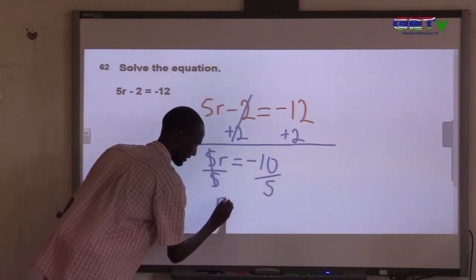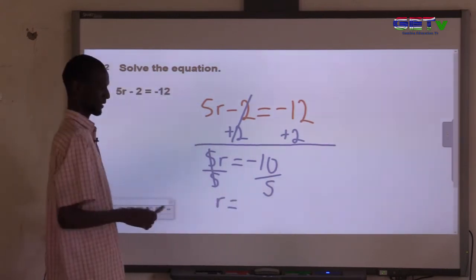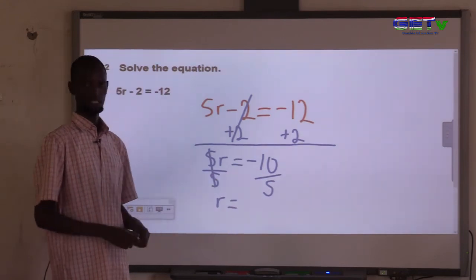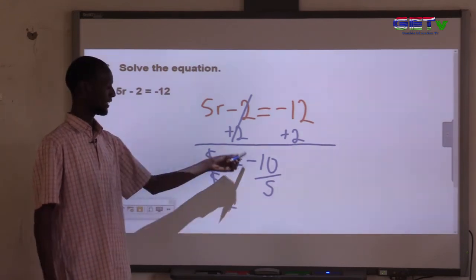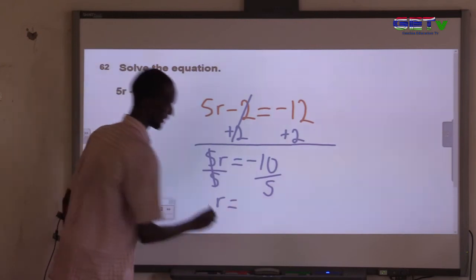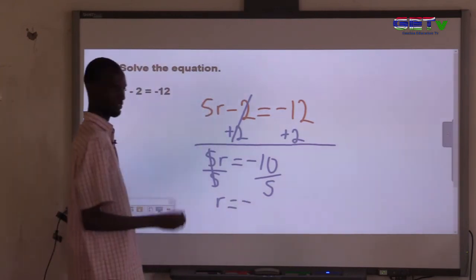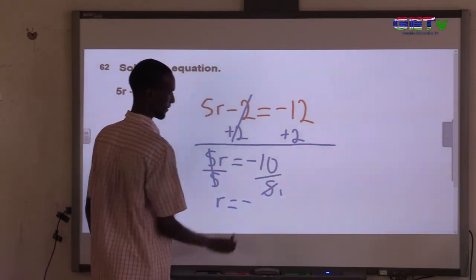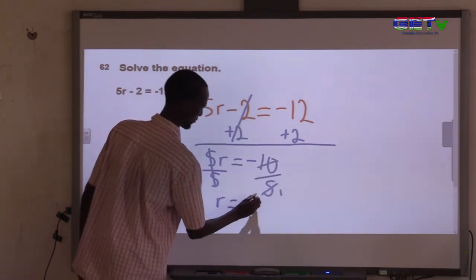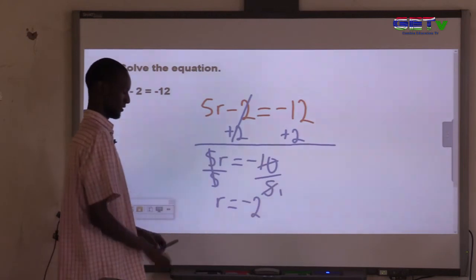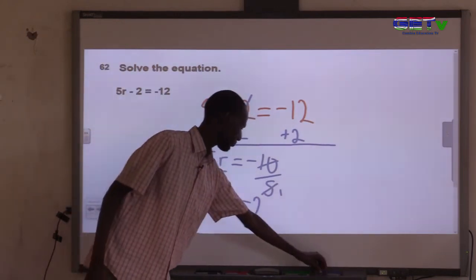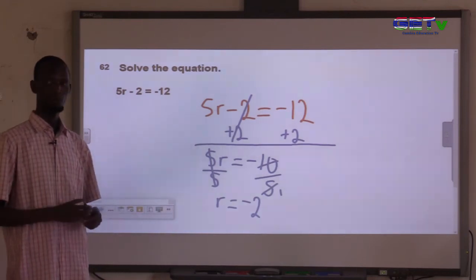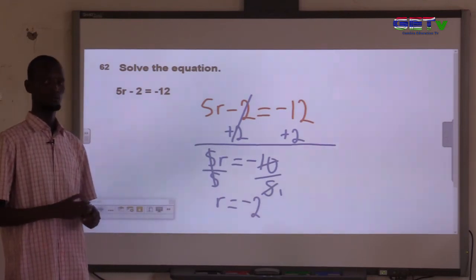You get r being equal to, the 10 here is negative, the 5 is positive. If you divide a negative by a positive, you get a negative answer. So the answer is going to be negative. Then 5 into itself is once, 5 goes into 10 is 2 times. So the solution to this question would be r is equal to negative 2.